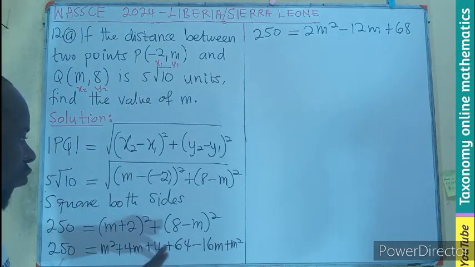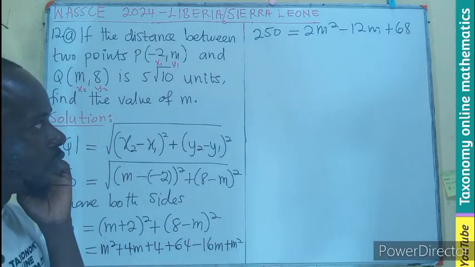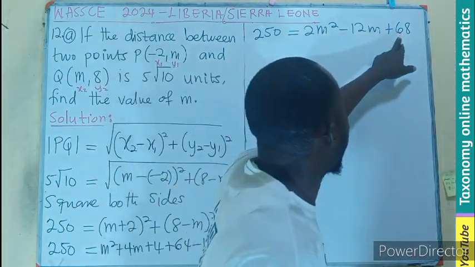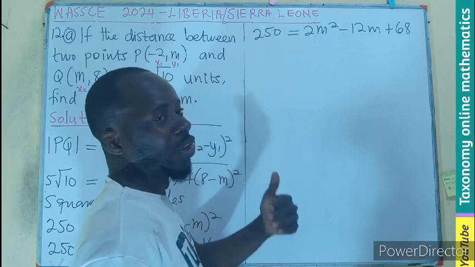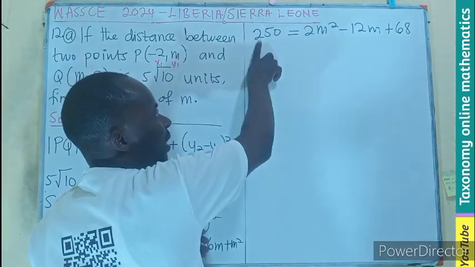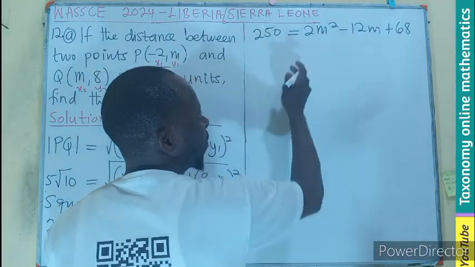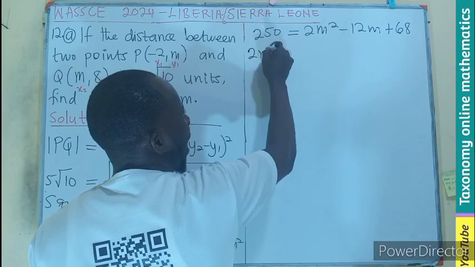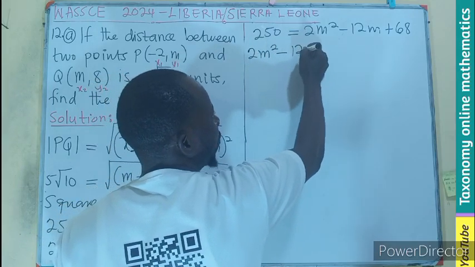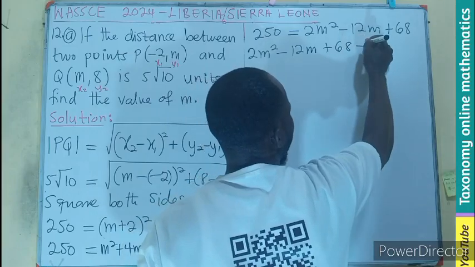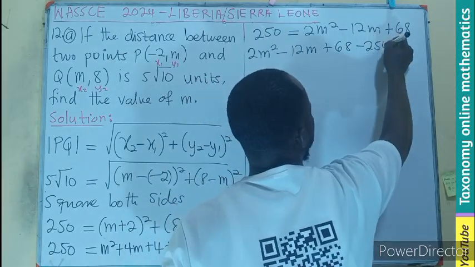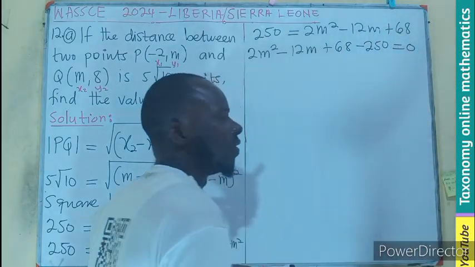We group the m squared together, the m together, the constant together. But because I'm seeing the square here, it means it's going to be quadratic. So I'm shifting this rather to the right, meaning 2m squared minus 12m plus 68 minus 250, leaving us with 0.